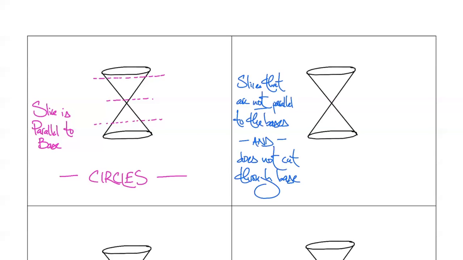Meaning, what if I cut something like that? Would that still give me a circle?